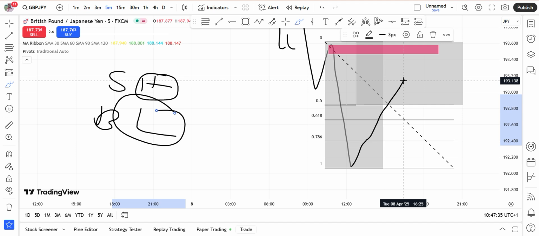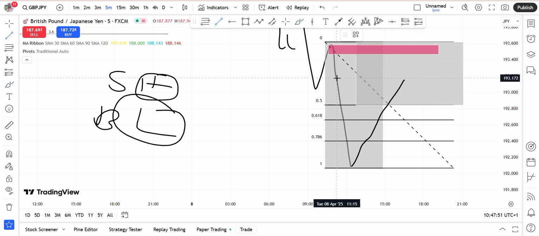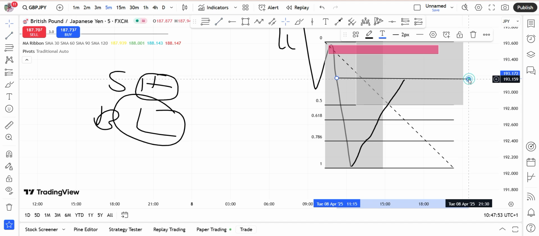So when you are in this area, you must search for something called pivots. And trust me, when the price did its move, it backed a pivot. You're going to find here a pivot.